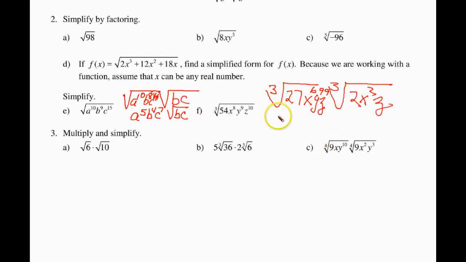So cube root of that is 3. Divide this by 2, x to the 2nd. Divide this by 3, y to the 3rd, z to the 3rd, and then the cube root of what's left over, 2x squared z.